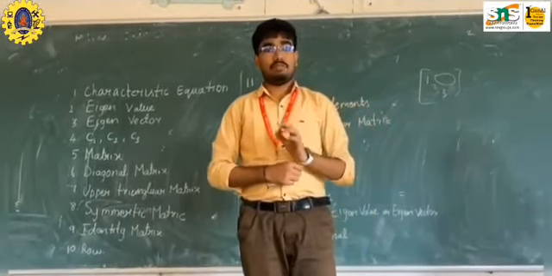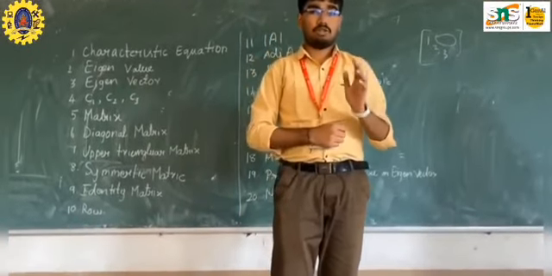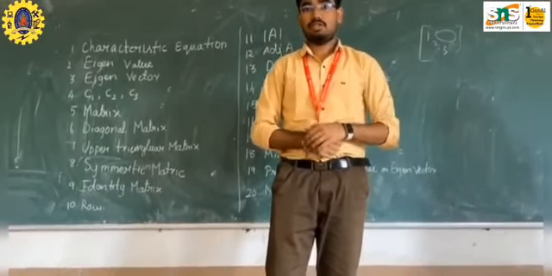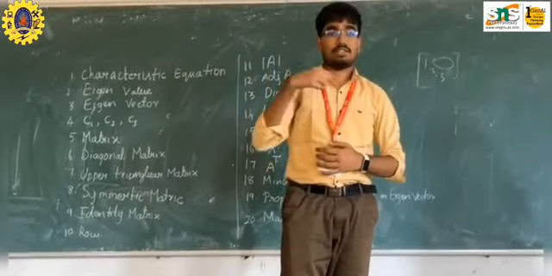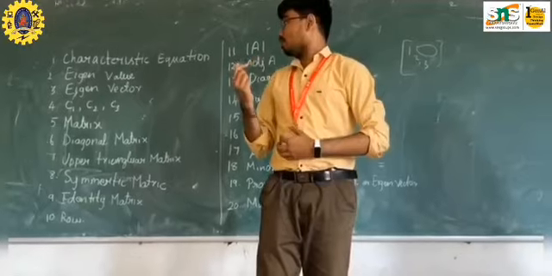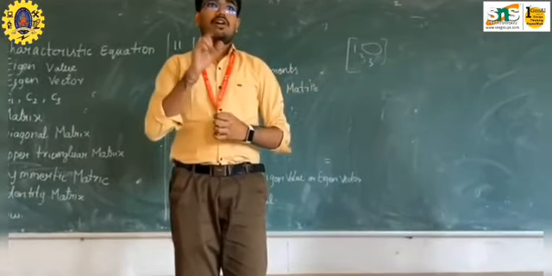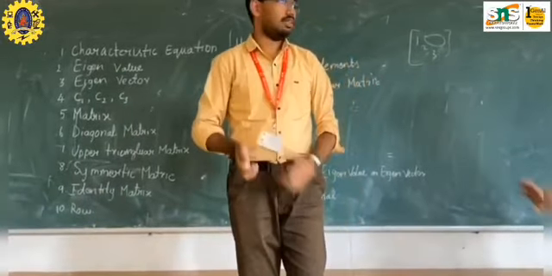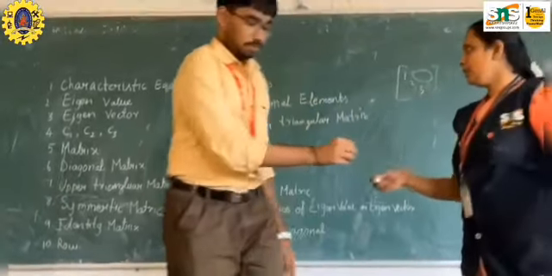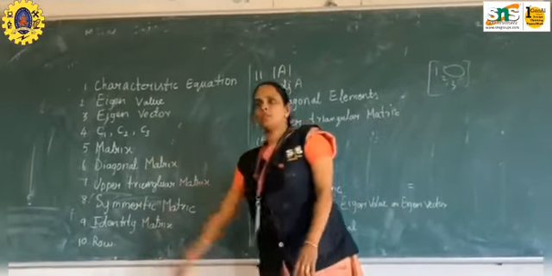By solving the 3 into 3 matrix, we will get lambda cube minus lambda square and so on. Eigenvalues are obtained by solving the characteristic equation, and the eigenvector is obtained by the formula determinant of (A minus lambda I) into x equal to 0. Very good.